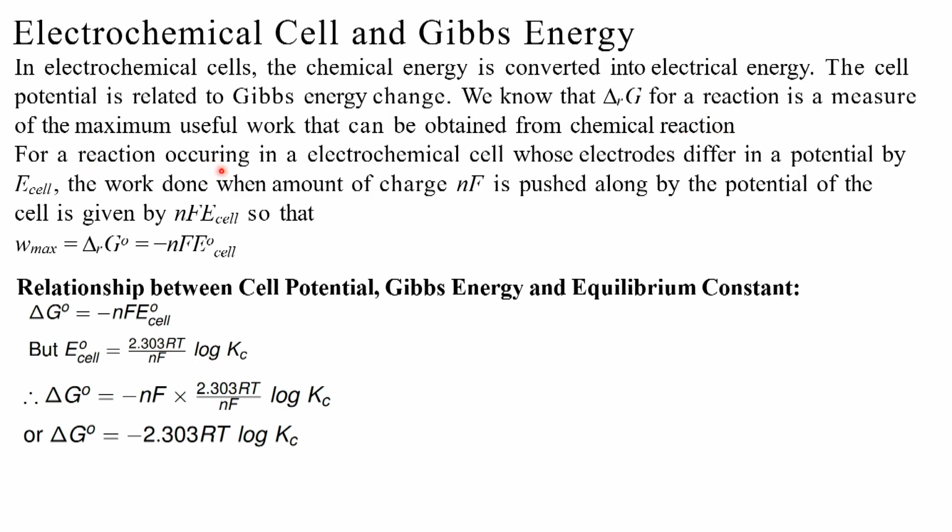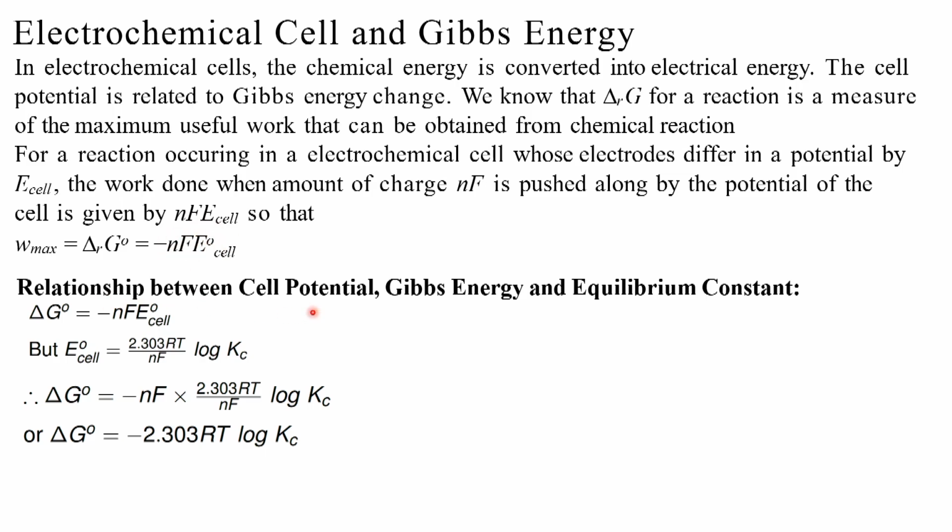For a reaction occurring in an electrochemical cell whose electrodes differ in potential by E cell, the work done when an amount of charge nF is pushed along by the potential of the cell is given by nF E cell. So we get W = ΔG° reaction = minus nF E° cell.